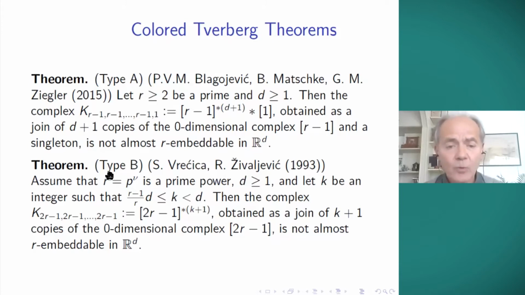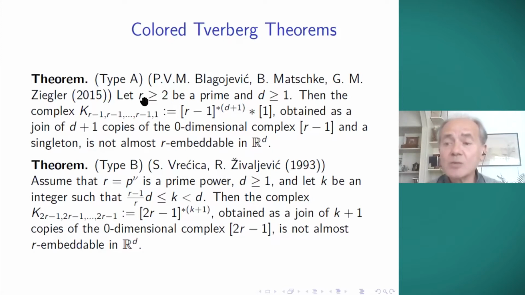And that's why it appears in the type B theorem. But look, in the type A theorem, it's just a prime number. So is it possible that the type A theorem, as it is here, is correct if R is a power of a prime?